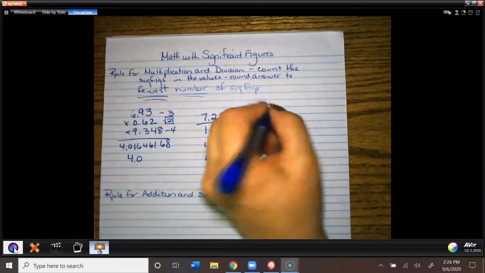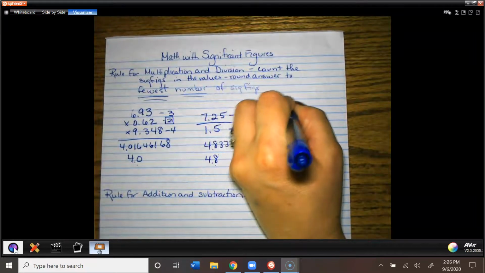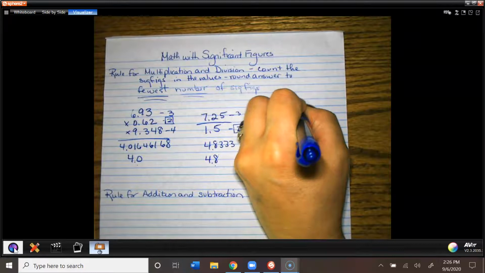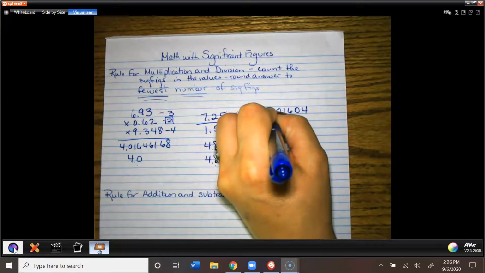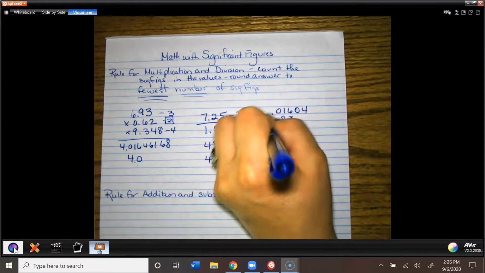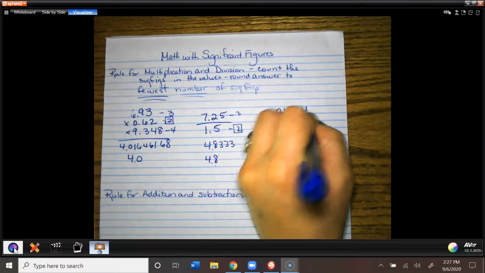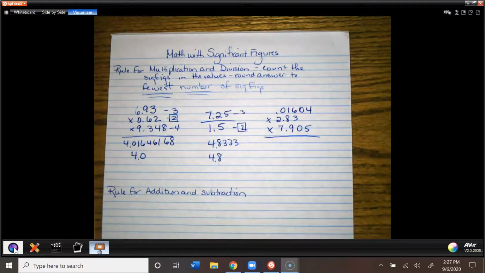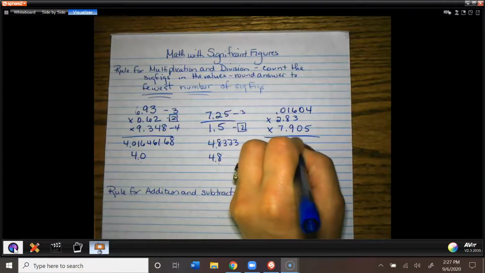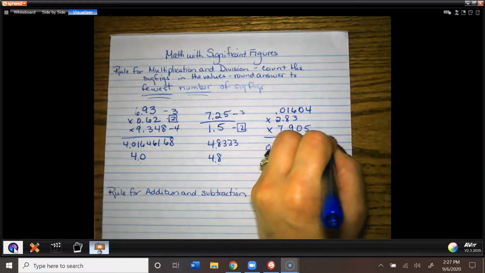If I did another example, 0.01604 times 2.83 times 7.905. If we do that math, I wind up with 0.358833246.